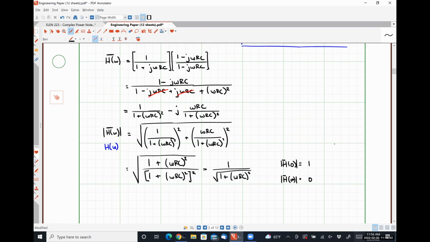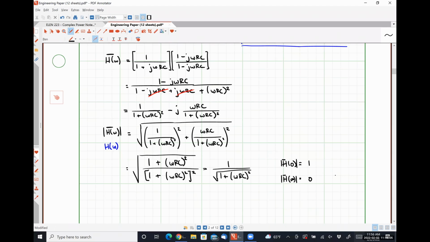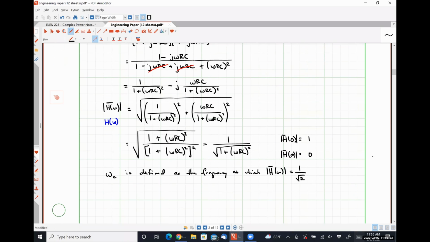So at what frequency? Let's see, omega c is defined as the frequency at which H of omega, the magnitude, is equal to 1 over the square root of 2. So for this particular circuit, what should that be?